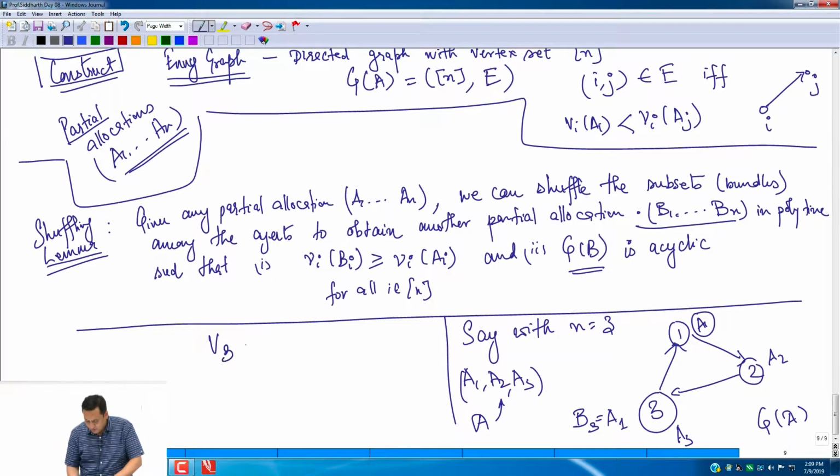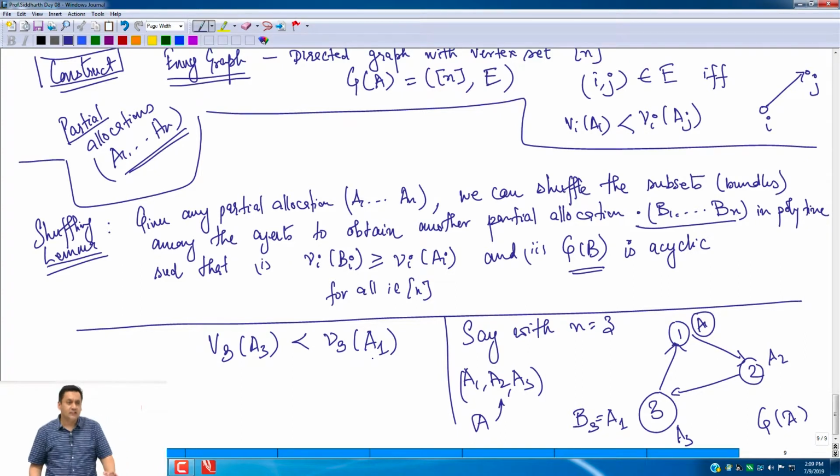It meant that when B3 was looking at A3, this was less than the V3 for A1. This is the condition that forced you to put this directed edge right here.